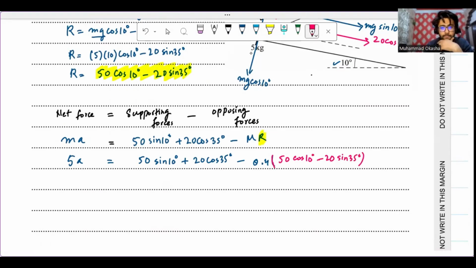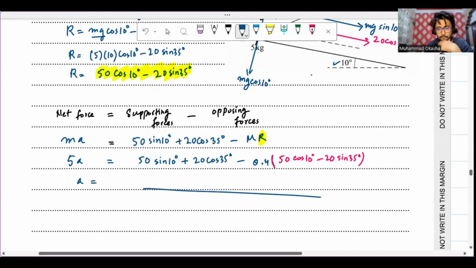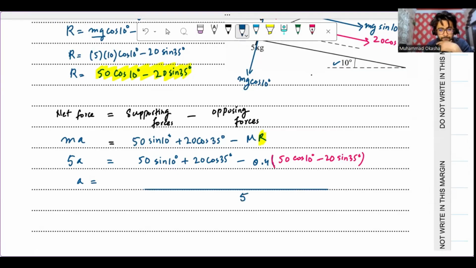Let's do some simplification before we do the maths on it. I'll divide everything by 5 to begin with. And I'm going to do the simplification at the top. 50 sine 10 degrees plus 20 cos 35 degrees minus 0.4 times 50 would be 20. That's going to be 20 cos 10 degrees, and minus is plus. 0.4 times 20 is just 8.